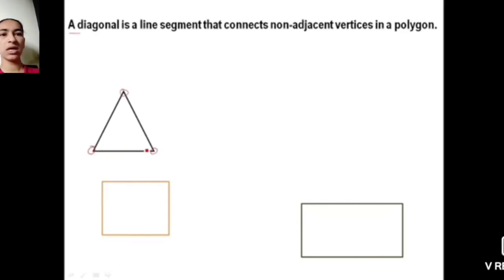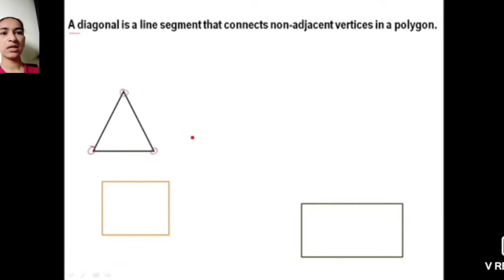Now you can see these are the vertices and this figure is a triangle. So how many diagonals does a triangle have? You can see a diagonal is a line segment that connects non-adjacent vertices.